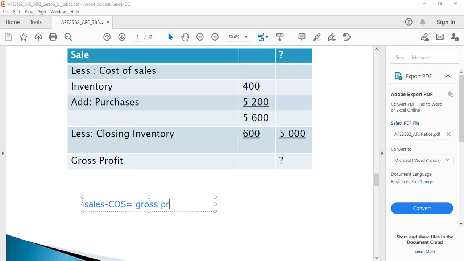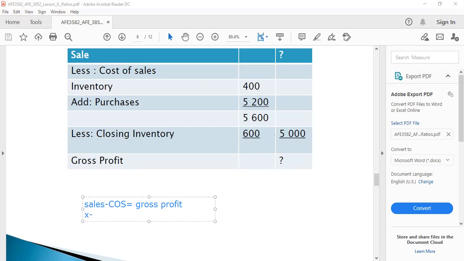That you already know from the trading account. Do you understand? So where there is no figure, you should put an X because you are looking for X. So for the sales amount, there is an X.